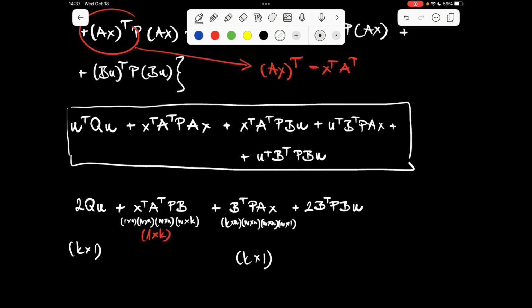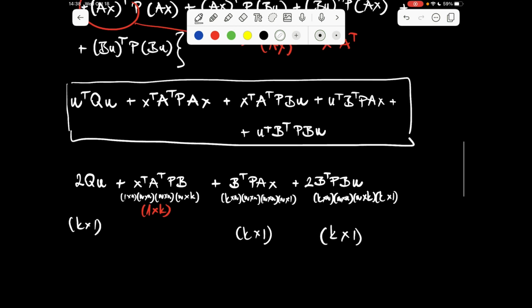And the last item is kn, nn. So we need to pay close attention to the dimensions of the vectors and the matrices, because the solution may make no sense.